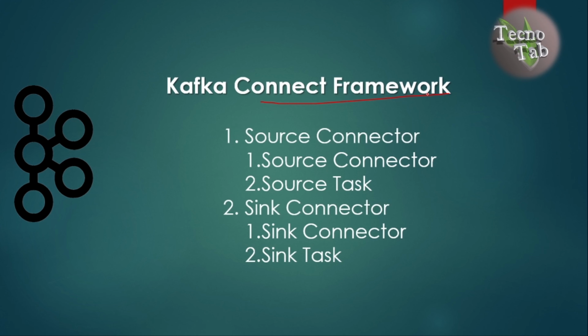The Kafka Connect framework takes care of all the heavy lifting, scalability, fault tolerance, error handling, and a bunch of other things. As a connector developer, all you need to do is implement two Java classes, source connector and sync connector, and the second one is source task and sync task. There are more details to it, but that's at a very high level. Once your connector is developed and tested, you can package it as a jar or zip archive and share it with others, and they will be able to use it.